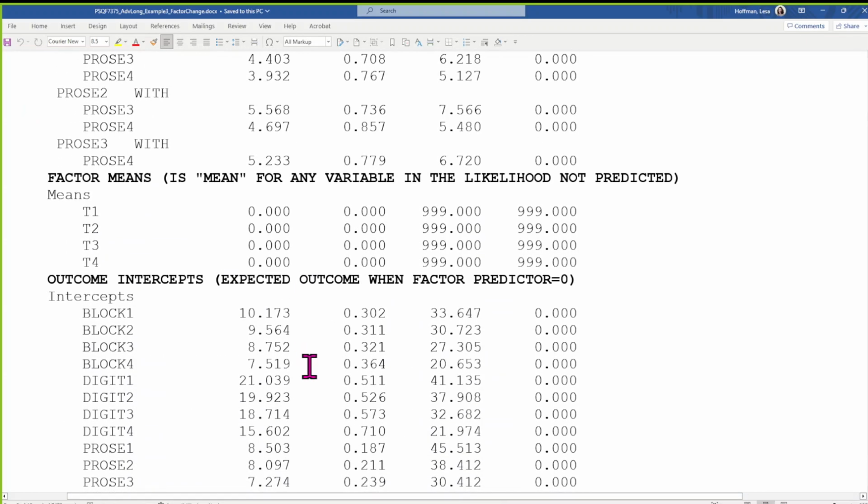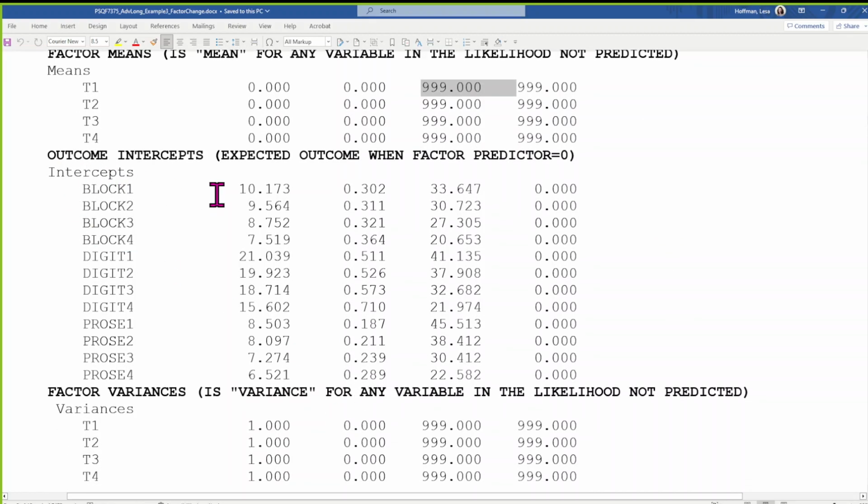All right, factor means. Next section here. These are 0, as they should be, because I fixed them there. 999 is not a number. It's a shrug emoji. I can't divide by 0. Outcome intercepts. These are the means of the outcomes because the factor means are 0. But I'm going to stay with the word intercept. These are the expected score on each of these outcomes given a factor score of 0.